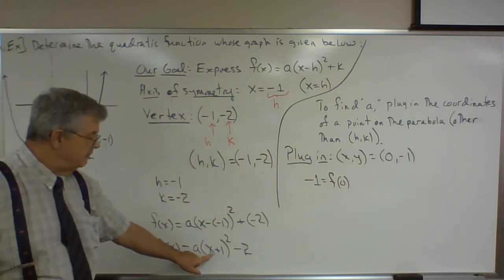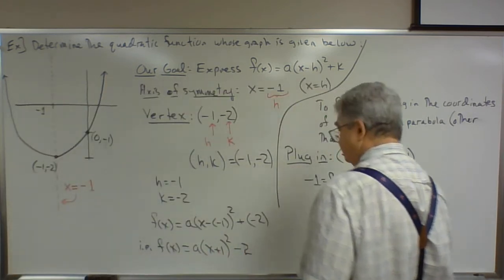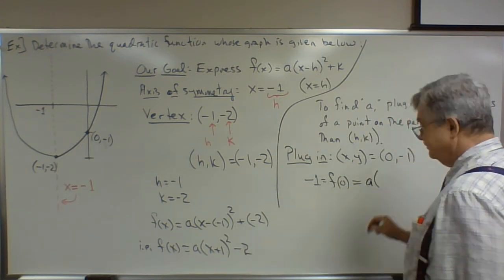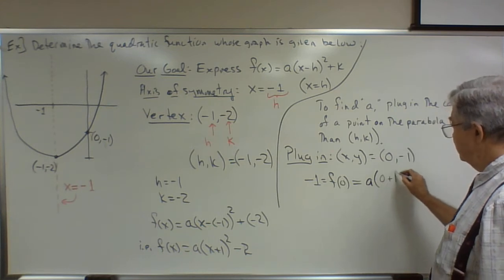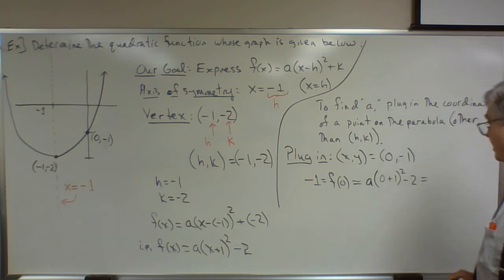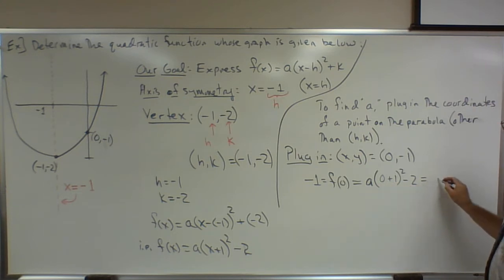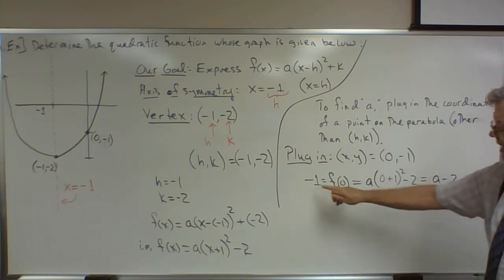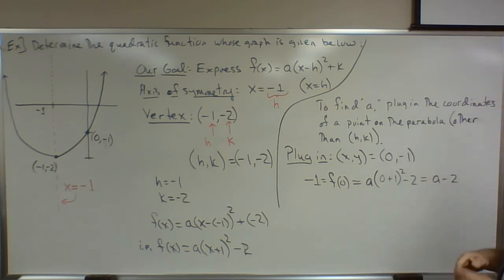And we're also going to take 0 and plug it in for x over here. x is 0, plus 1 squared minus 2. So we have 0 plus 1 squared is 1 times a, minus 2. Okay. -1 equals this thing, which equals this thing, which equals this thing.